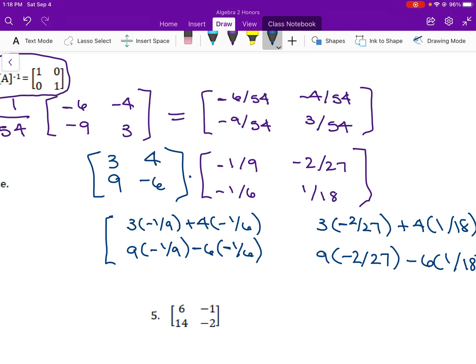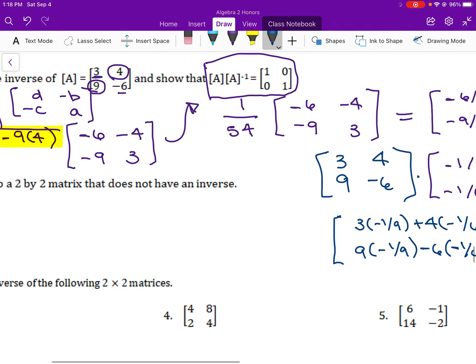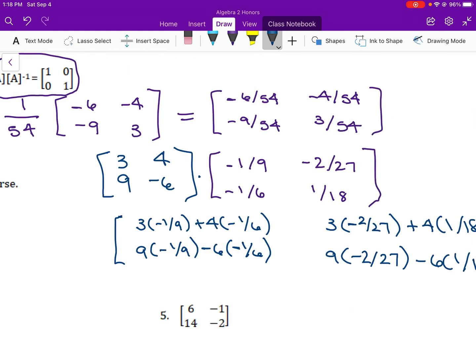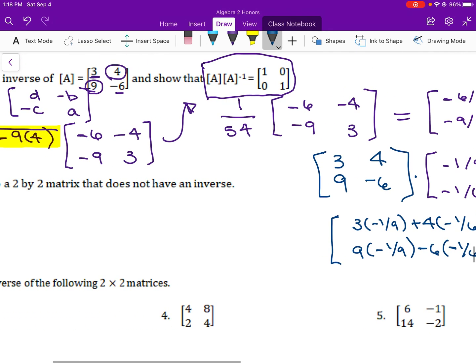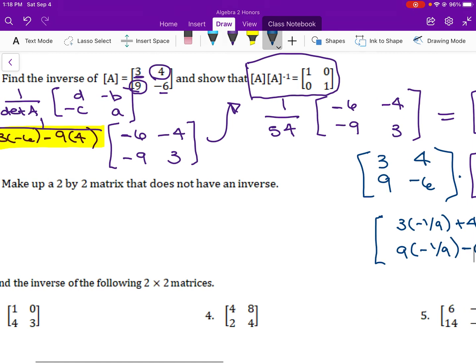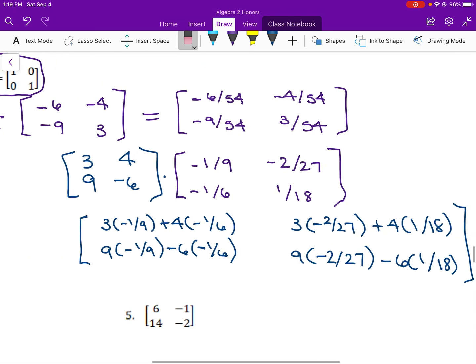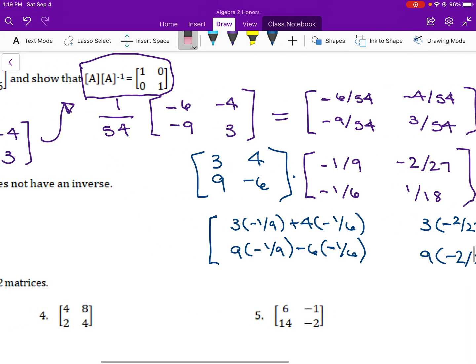So if I take 3 times -1/9, and to that I add 4 times -1/6. Why do I have a -1? What did I miss there? Sometimes you end up missing pieces here. 3, 9, 4, -6.